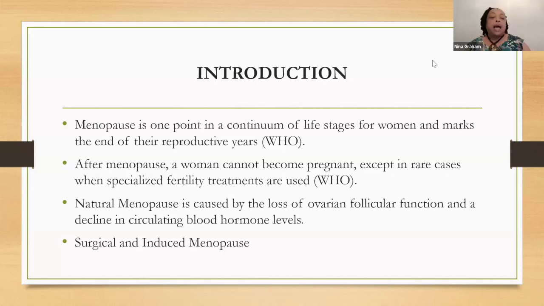Some women with medical illnesses, diabetes, who had cancer and have been on chemo, anyone who's on dialysis with kidney disease, patients with autoimmune diseases, these patients can experience induced menopause caused by premature ovarian failure, which is caused by any of these conditions.